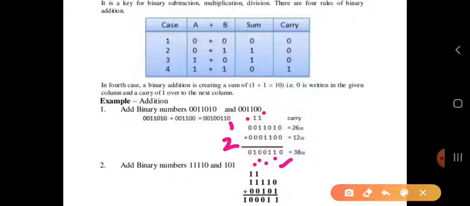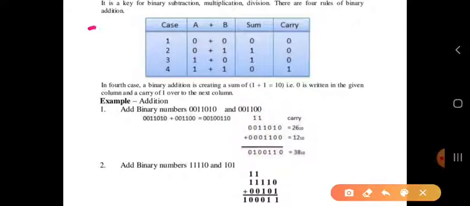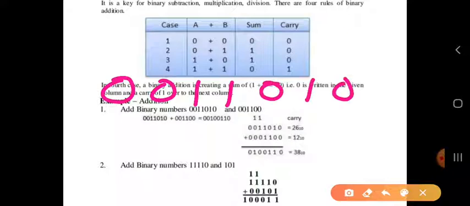If I make you understand more clearly, then see, I am writing this number 0011010, and the other number is 001100.